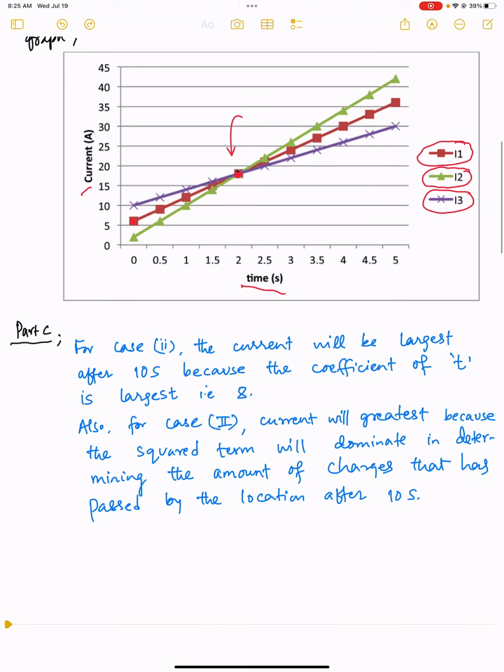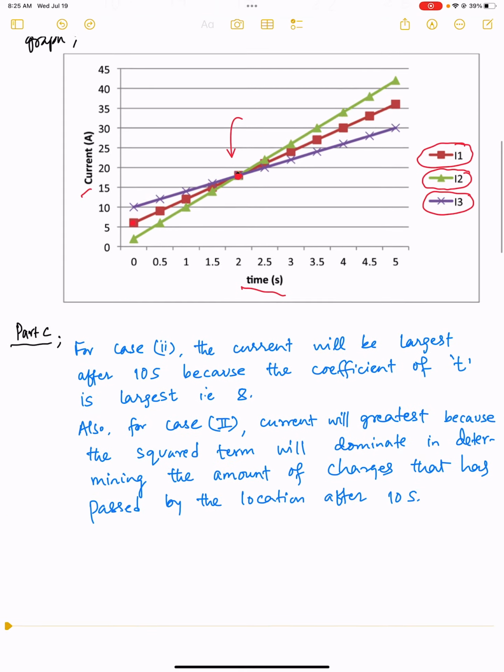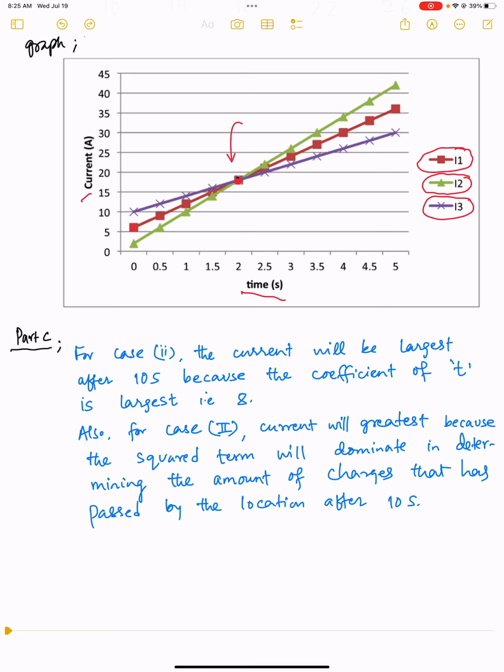That's why the charge will be greatest, because the square term will dominate in determining the amount of charge that has passed by the location after 10 seconds. So this completes problem number 64.